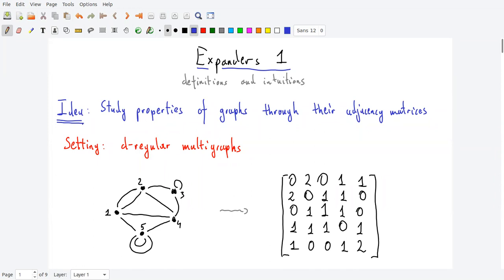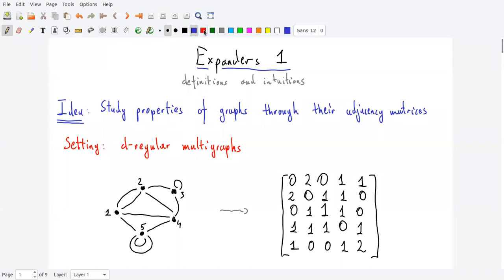The adjacency matrix, as a linear algebraic object, has a lot of linear algebraic properties associated with it. The idea is to understand how those algebraic properties of the adjacency matrix project to the combinatorial properties of the original graph, and how one can be connected to the other.